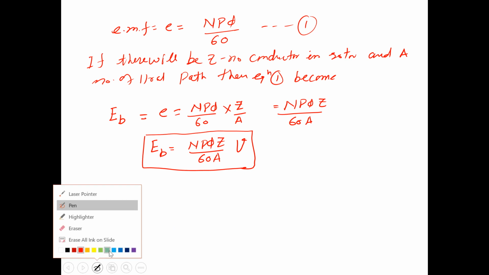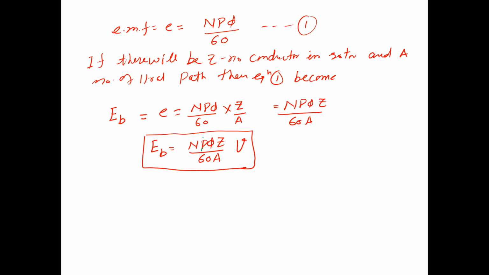If the number of poles P is fixed, the number of conductors Z is fixed, and A is constant, then EB can also be written as some constant K into N into phi. This constant K is known as the motor constant Km, and its value is equal to PZ upon 60A.